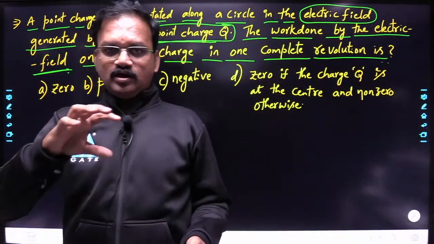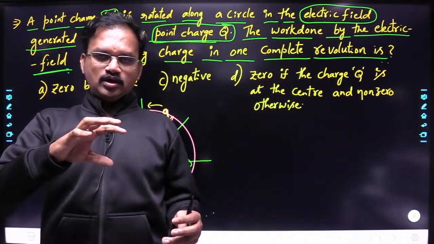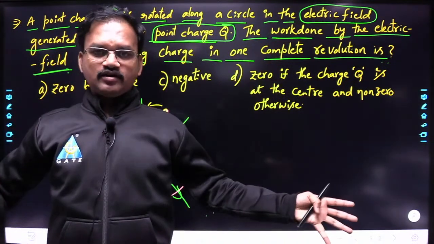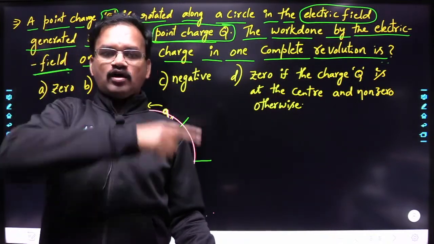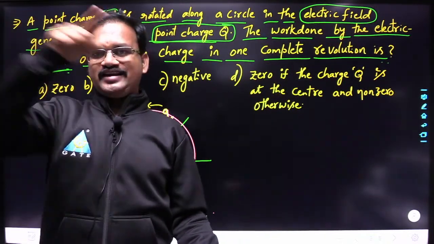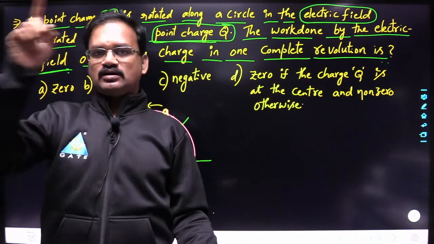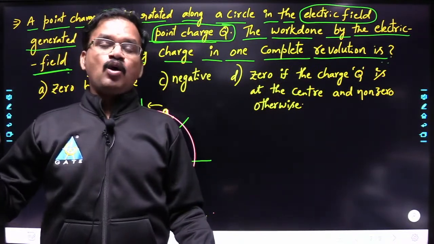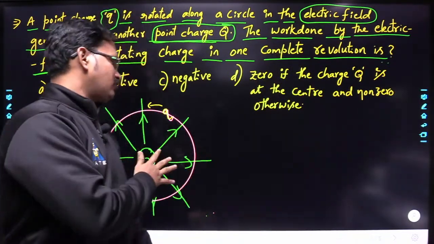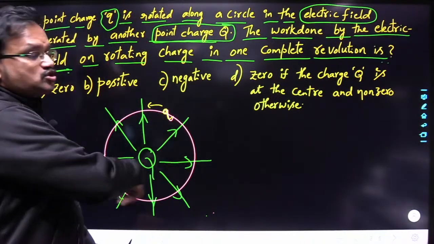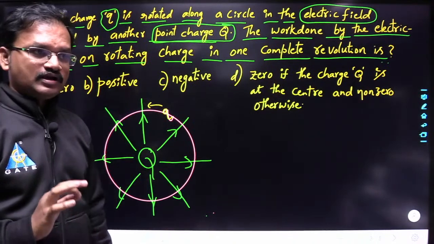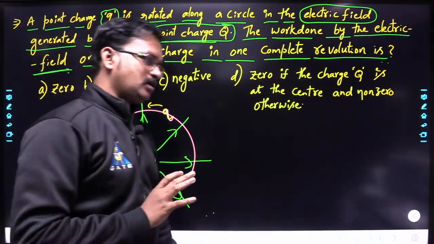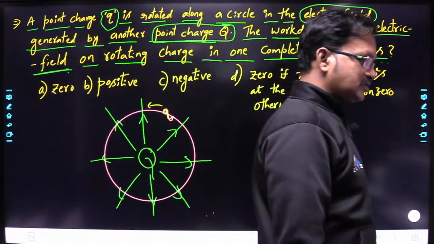So you have a point charge capital Q, which sets up some electric field. In that field, a charge small q is revolving around it in a circular path. Then what is the work done by the field on this moving charge over one complete revolution? That's what they are asking. Tell me, what is the answer?